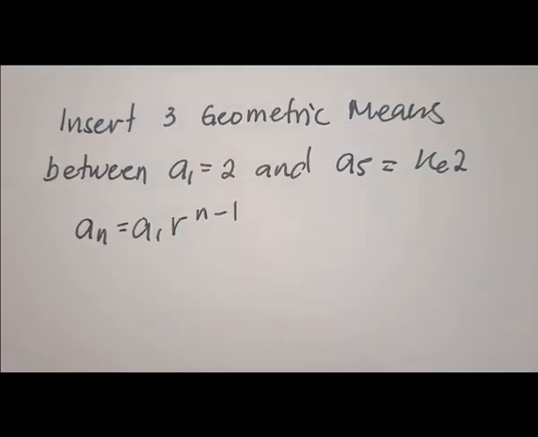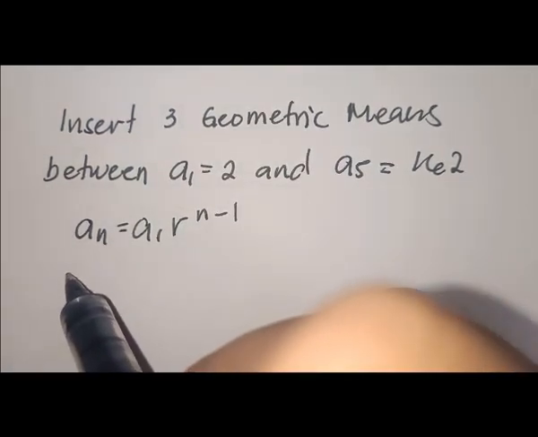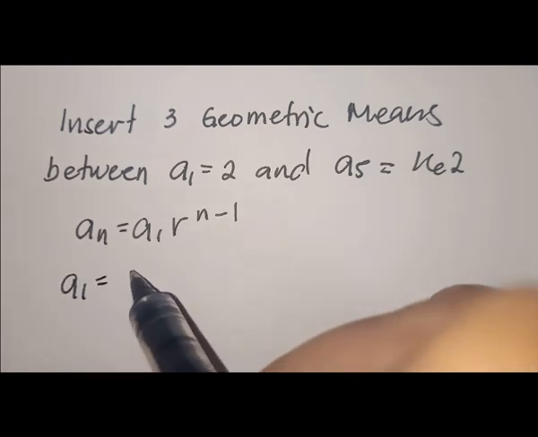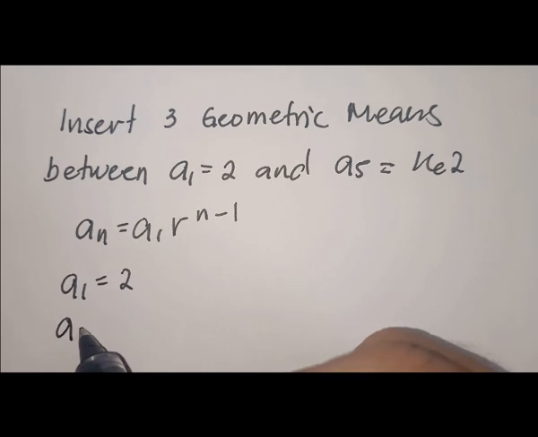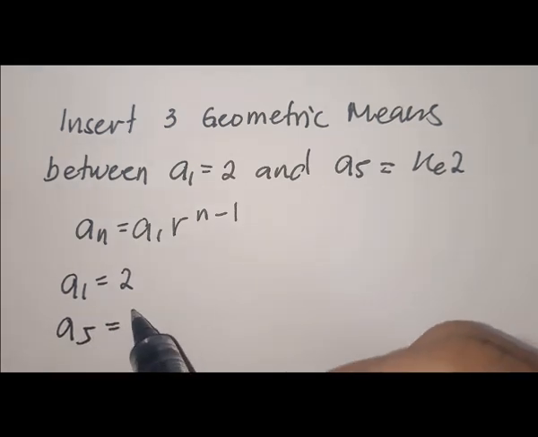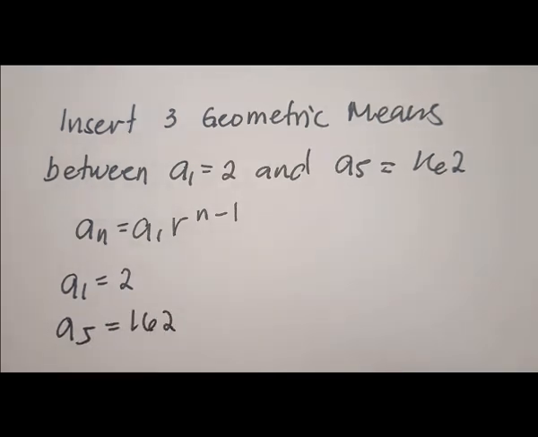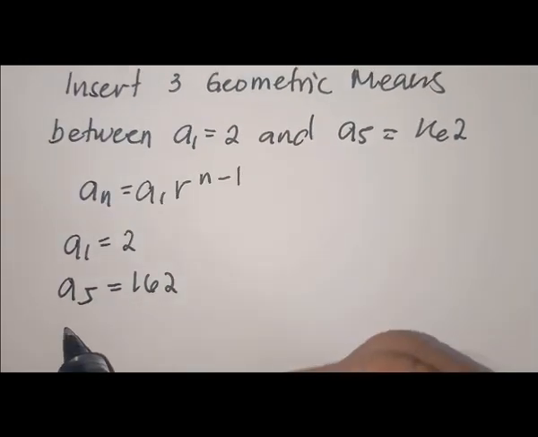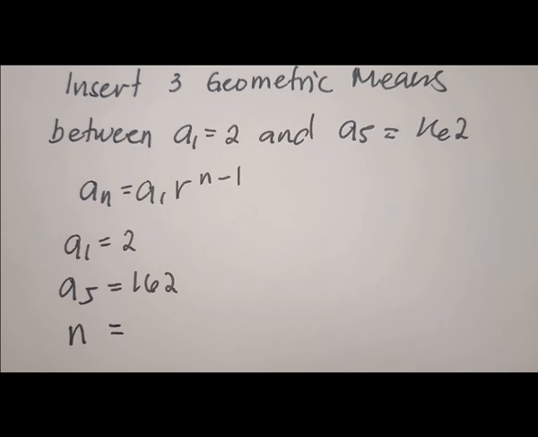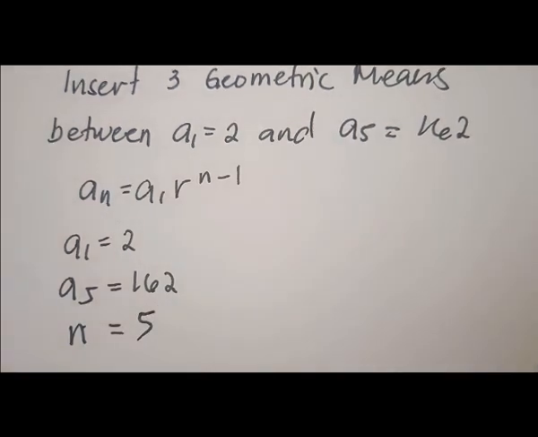Now, from this problem, we have a given for a sub 1, which is equal to 2, and a sub 5, which is equal to 162. Now, dahil meron naman tayong a sub 5, we still also have a value for n, which is equal to 5.